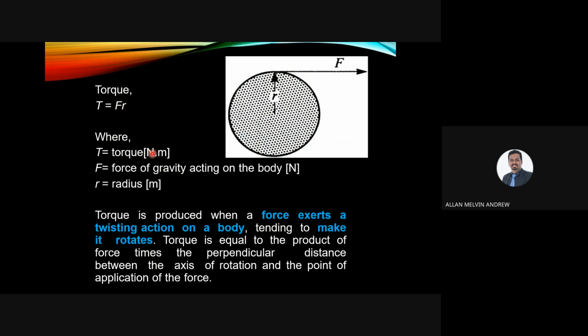So torque will be in Newton meter, F will be in Newton, and R will be in meter. Torque is equal to the product of force times the perpendicular distance between the axis of rotation and the point of application of the force. Okay, so it's perpendicular.